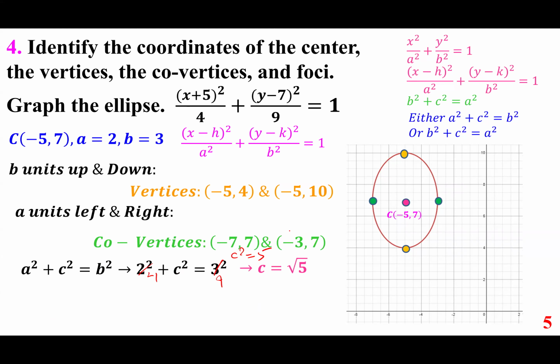But the idea is that from the center, you go up by C units and you go down by C units. That would be the location of each focus. So that being the case, the X coordinate doesn't change. The Y coordinates are 7 plus square root of 5 and 7 minus square root of 5.